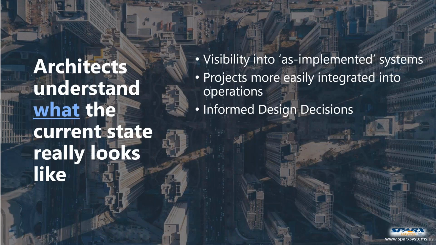What if their designs were informed by things like performance and usage data, user feedback, awareness of adjacent processes and systems that weren't on the original design, and the redundant systems and processes that business have had to build to either make the systems actually work or keep things running when they don't.